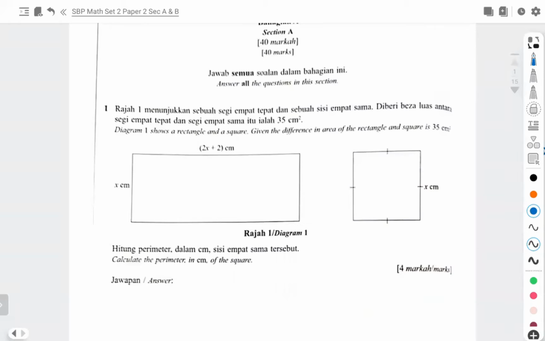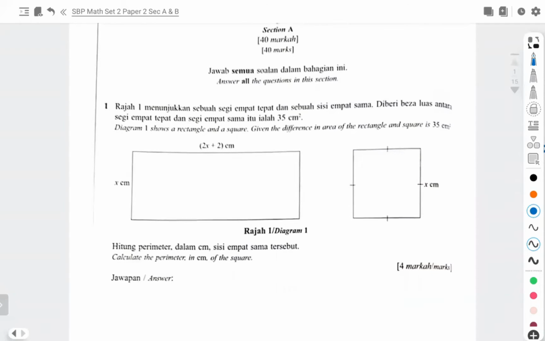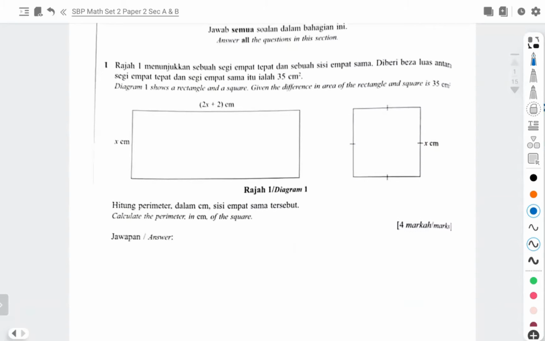You can interrupt me if you have any questions. Number 1, diagram 1 shows a rectangle and a square. The keyword there, given the difference in area of the rectangle and square is 35 cm squared. So you have to find the formula of the area of the rectangle: length times width.